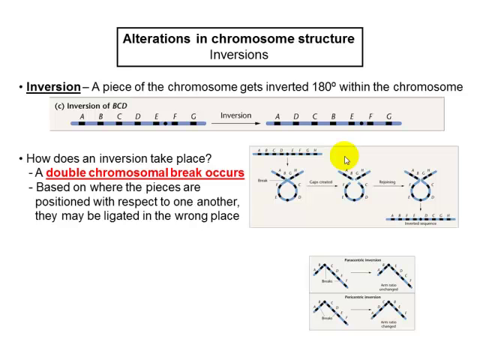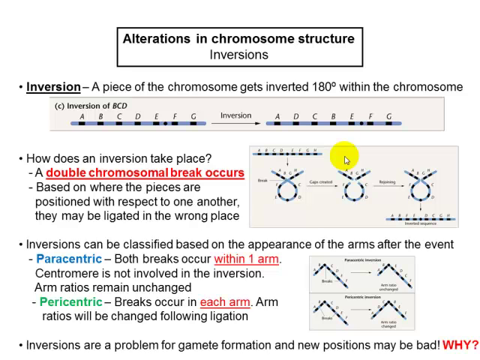Now, you have several types of inversions. That you can detect based on what happened to the chromosome. Does it involve the centromere or not? So here you see one inversion that is called paracentric, that occurs in only one side or in one arm of this chromosome, and it does not involve the centromere.